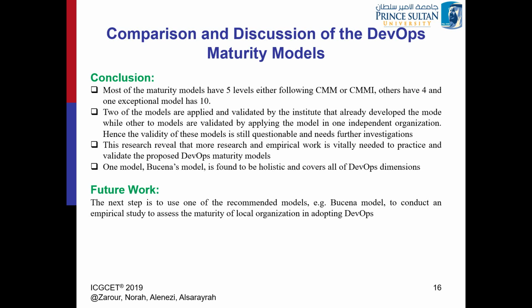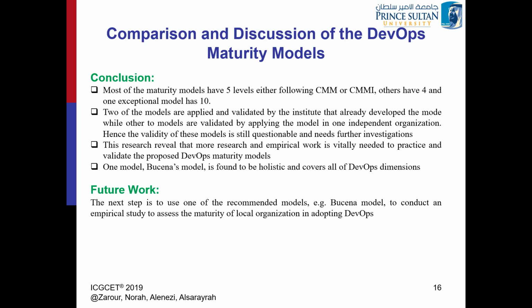Others have 4, and one exceptional model, Feiter, has 10. 2 of the models have been applied and validated by the institute that developed the model, while others have validated their model by applying it in one independent organization. Only one model was implemented in a separate organization, which is the Bucena model.